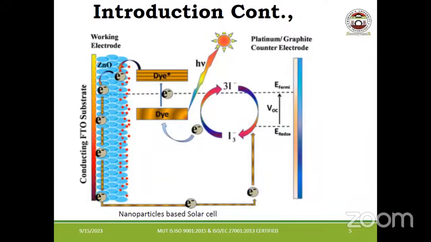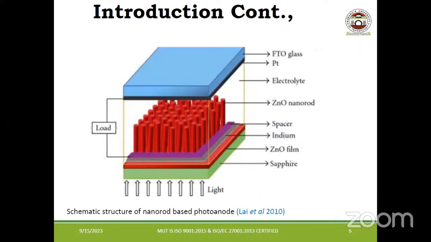These nanoparticles are used in the solar cell to try to improve the efficiency of the solar cell. And the nanorods we mainly obtain when we deposit the thin films. When we deposit the thin films on a glass substrate, we can get the nanorods.